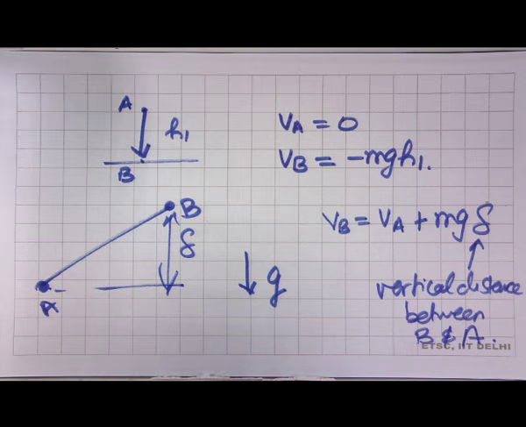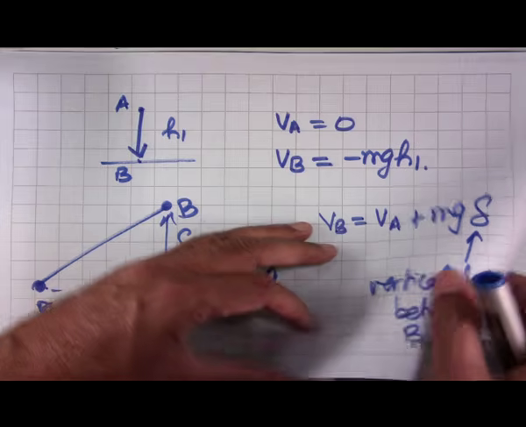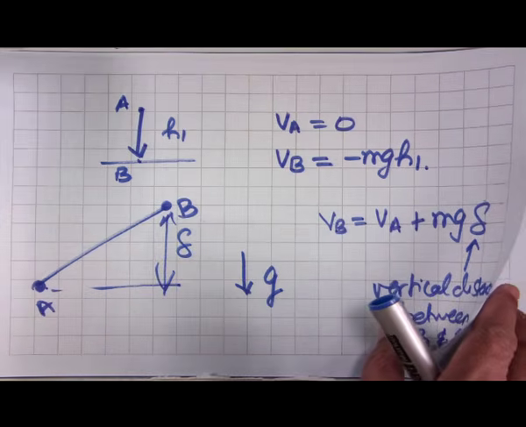And you see the simplification which comes because of this formulation is that we are bothered only about the change in potential energy to calculate the work done by gravity.